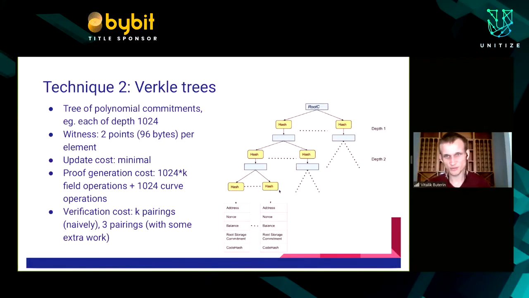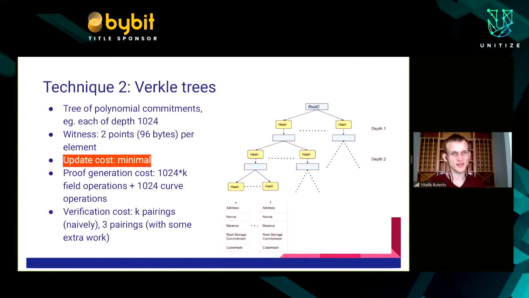If you want to prove one element, you would provide that element, then the commitments in the middle, and then a proof that the element is a member of the first commitment, then a proof that the first commitment is a member of the second commitment, then a proof that the second commitment is a member of the third commitment. And so the witness, instead of being, say, 32 hashes long, might be 2 points, so about 96 bytes per element.